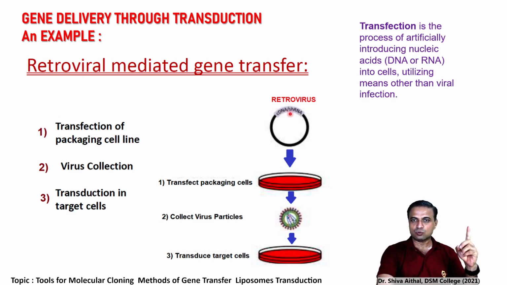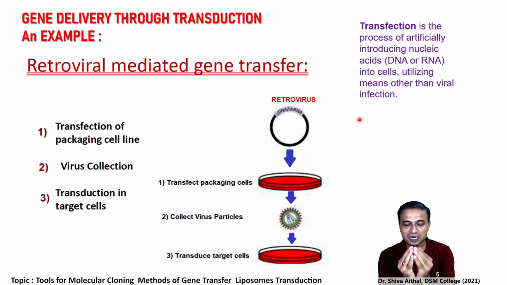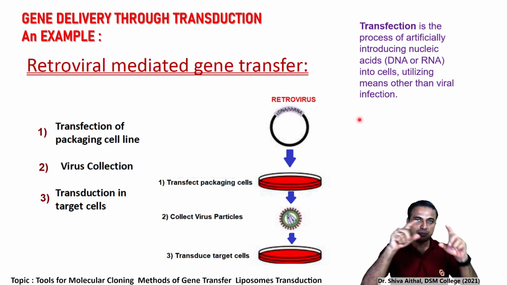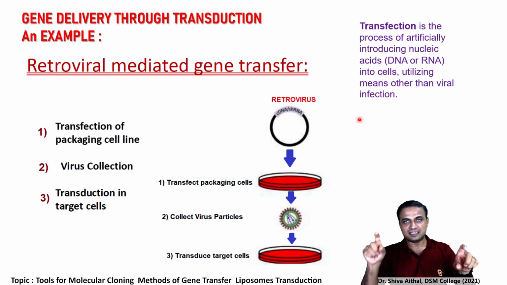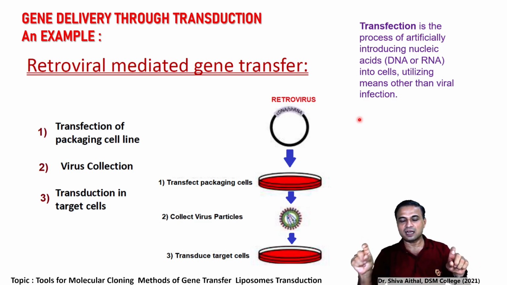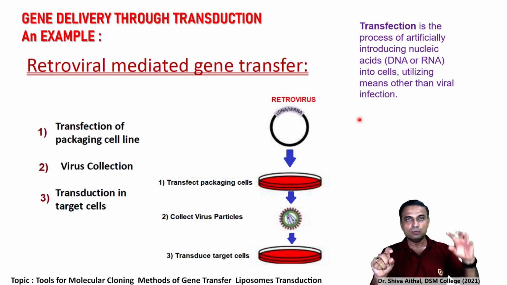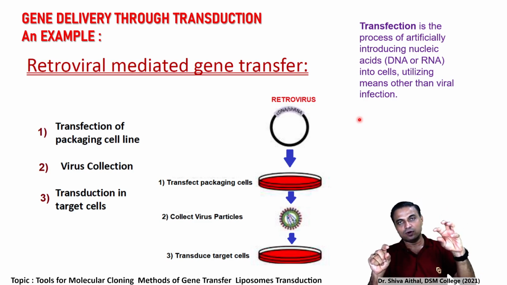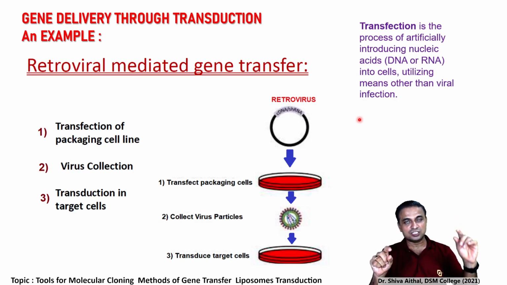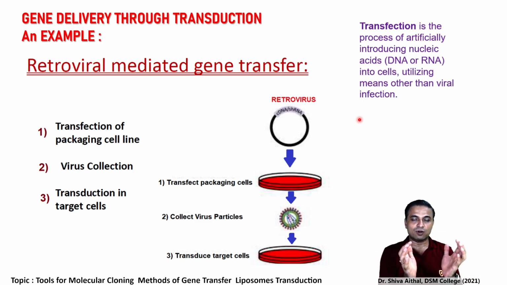Then virus collection: once that is introduced inside a cell, you allow the viruses to multiply. Don't again get confused with two terms here. Viral multiplication is taking place because we are keeping the two genes intact, that is helper cells are allowing the replication of the viral genome, and the viruses whose virulence genes have been removed still contain the protein formation, that is the maturity and the head formation, the protein coat formation is still intact.